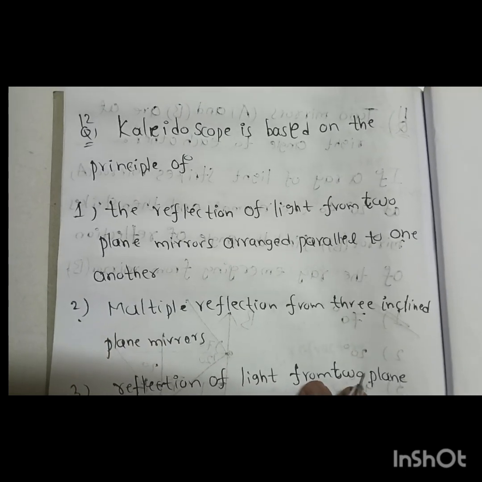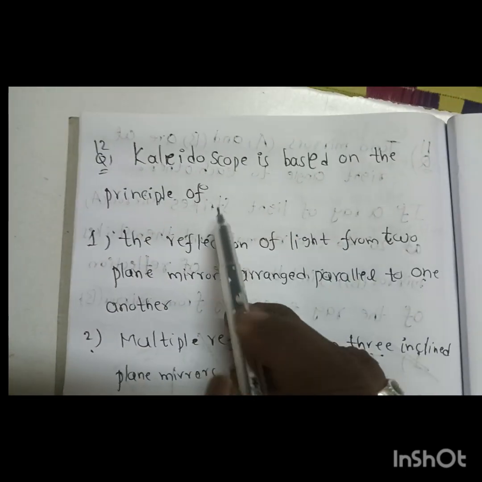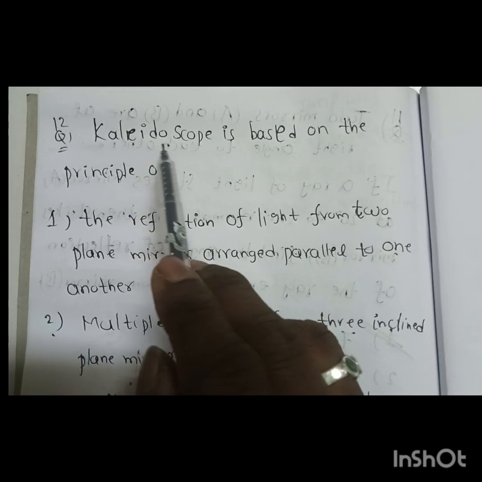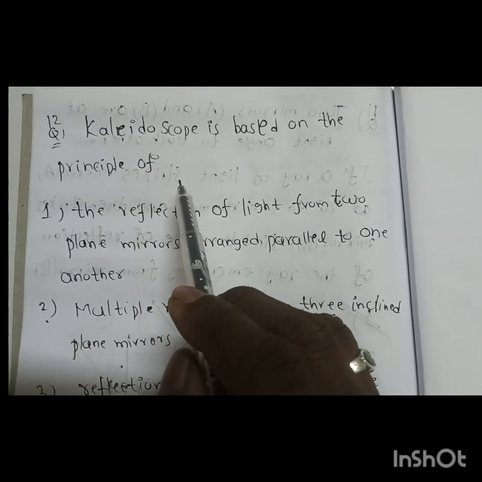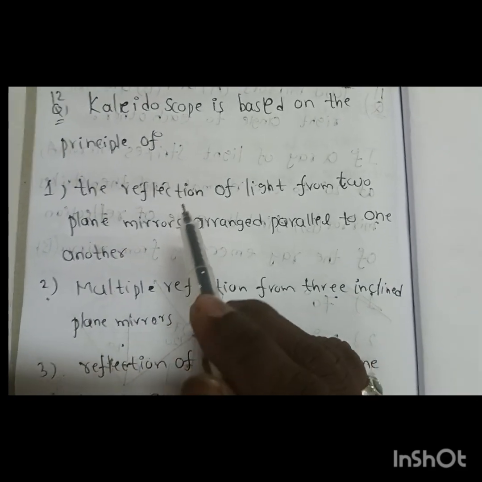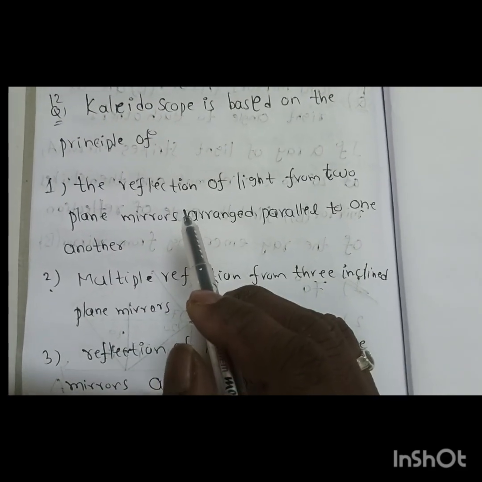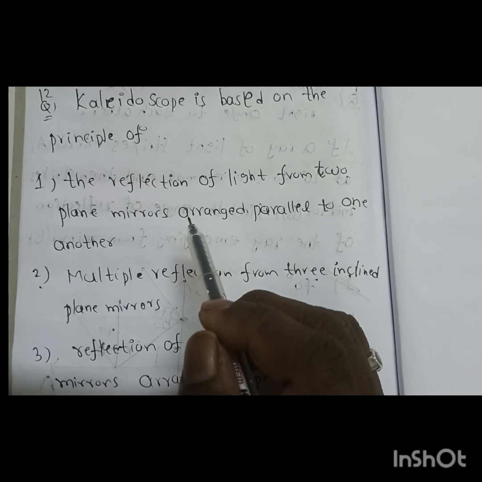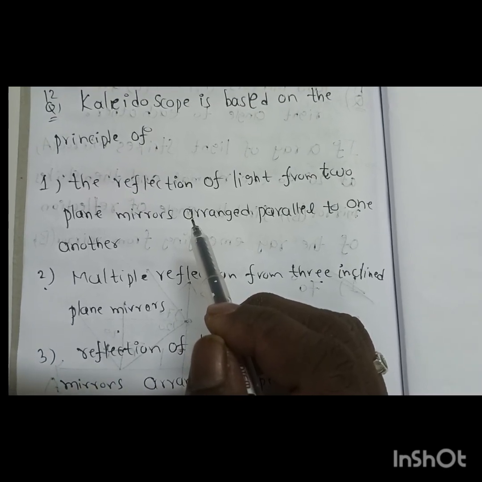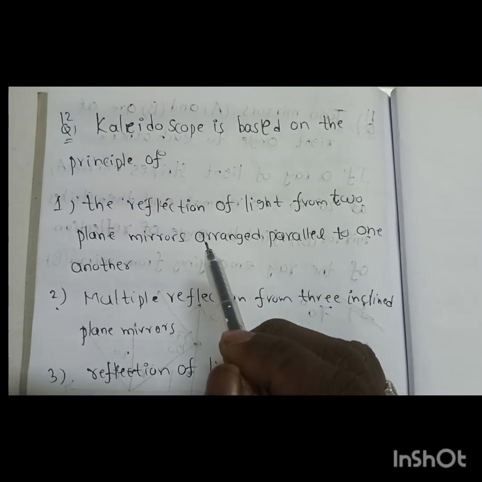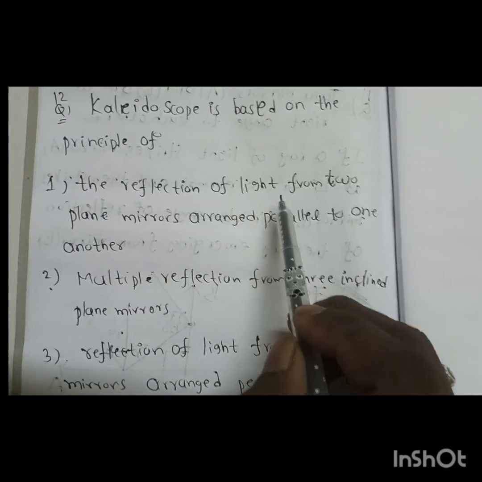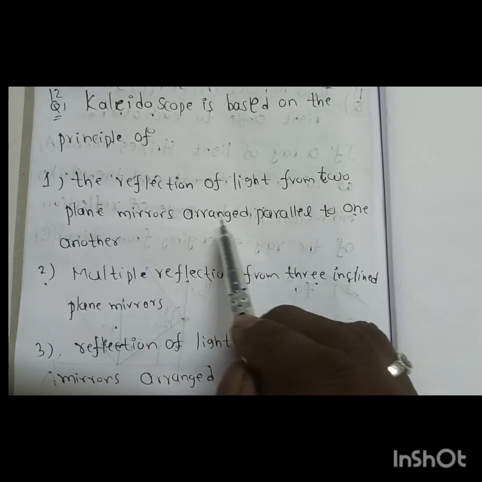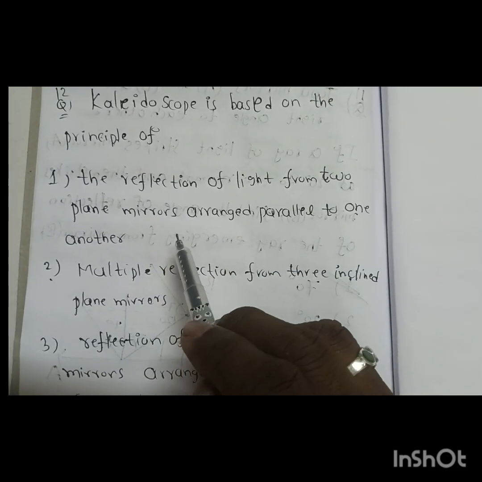The next question is from a previous CTET examination: the kaleidoscope is based on the principle of. If you remember, the kaleidoscope is made up of three plane mirrors and multiple reflections, and that is our answer. In the options, the reflection of light from two plane mirrors arranged parallel to one another is not correct.